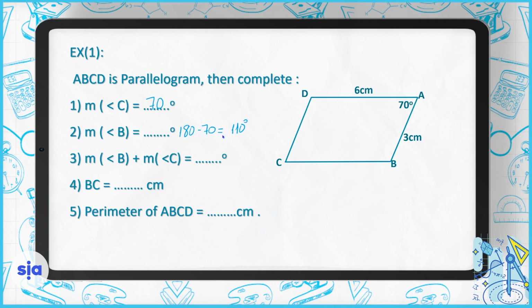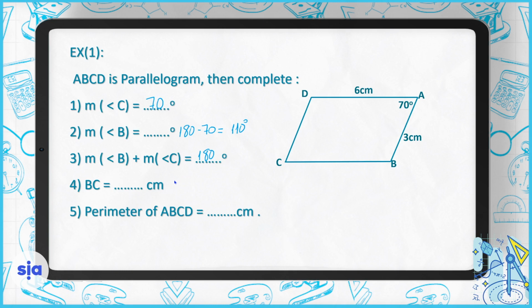The measure of angle B plus the measure of angle C is what? As we got B, as we got C, the measure of B and C is 180 degrees. And also, B and C are two consecutive angles, so by default we know that the sum of their measures is 180 degrees.